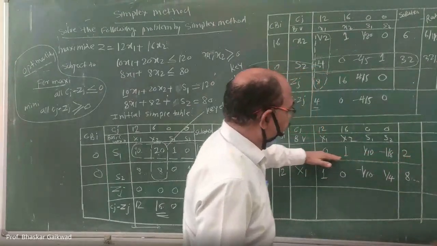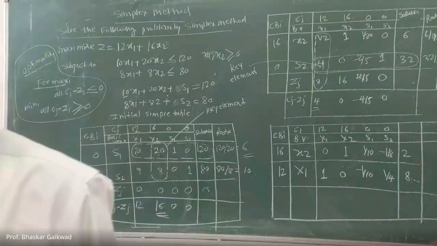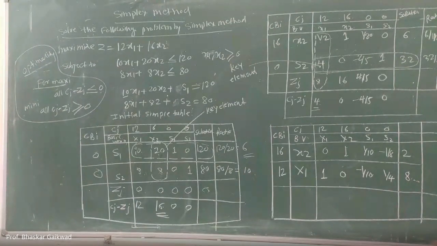How have we calculated this? By using the previous formula: old value minus corresponding column value into corresponding row value divided by key element.